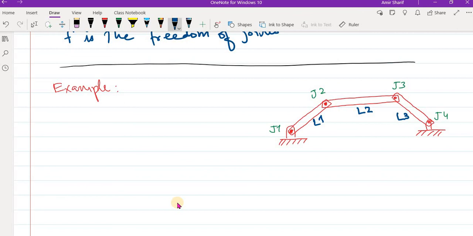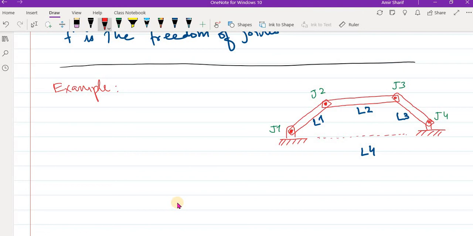So both are fixed to the ground, so it also represents one link. So we can call this L4. So this robot has 4 links and also 4 joints.